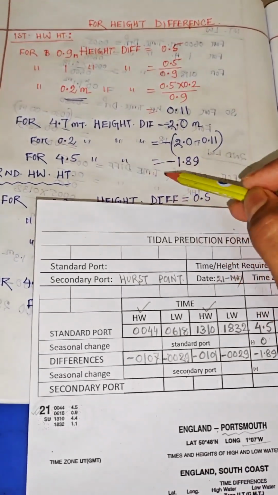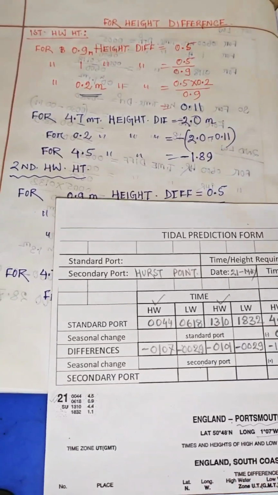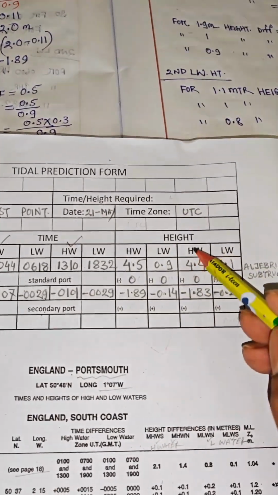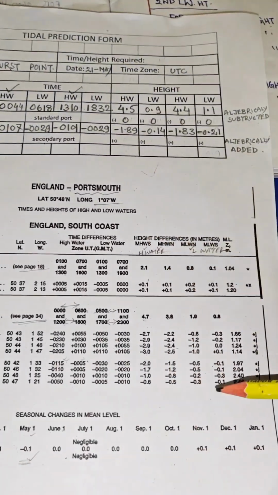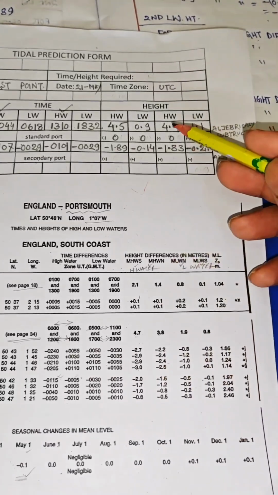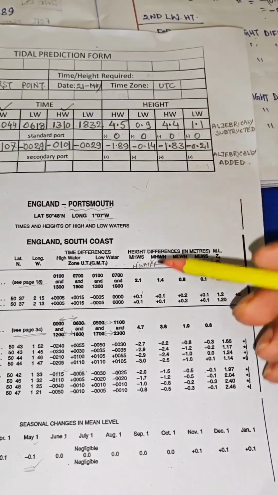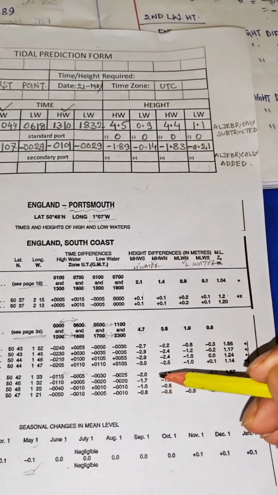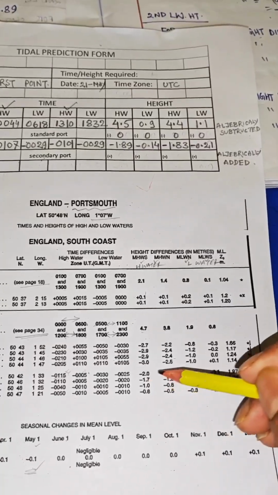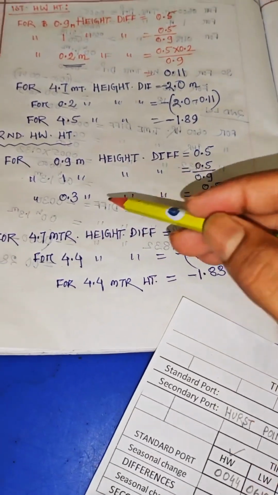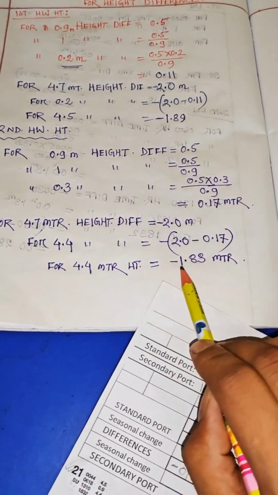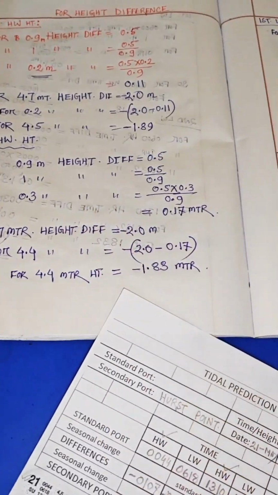For 4.5 height difference, this one 1.89. Okay, and same way for the second high water you can calculate from here for the 4.4. Guys, for 4.4 meter height, what will be the height difference? You can make the interpolation in between this. Okay, so same you can see here I do this one for 4.4 meter. If you check this one you can understand.